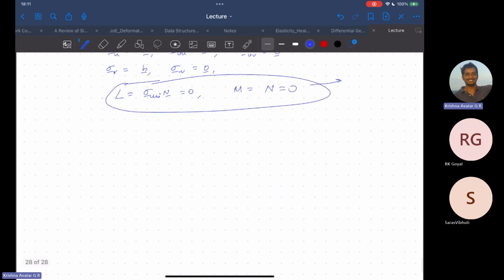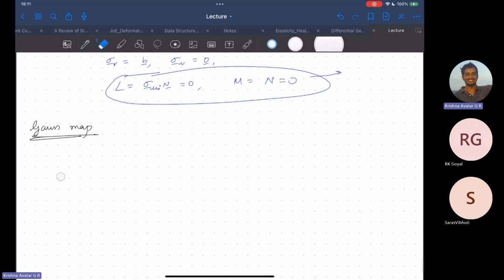Okay, so now we'll move forward and talk a bit about the Gauss map. Say we have any arbitrary smooth surface.